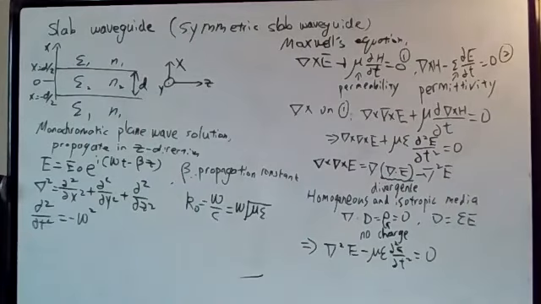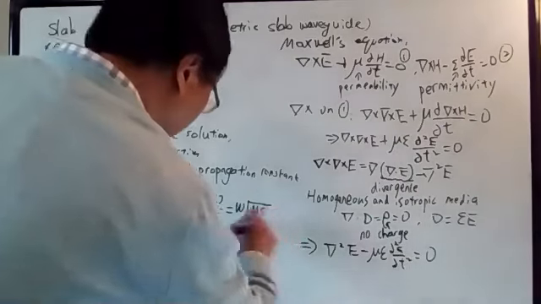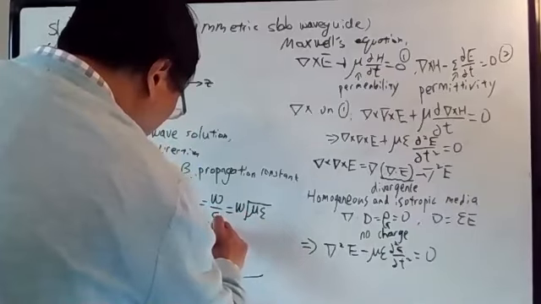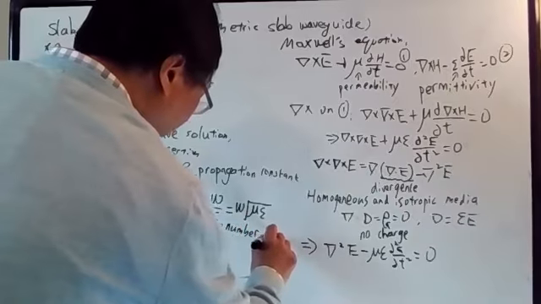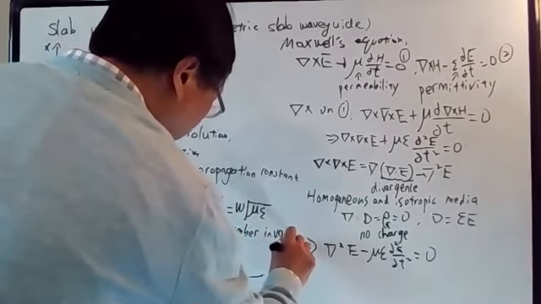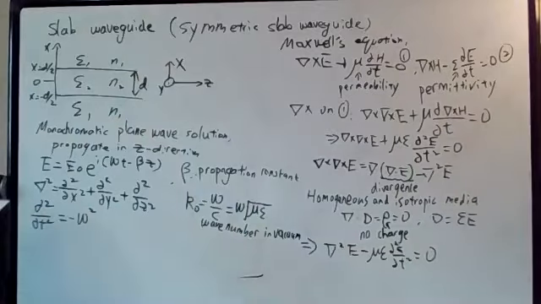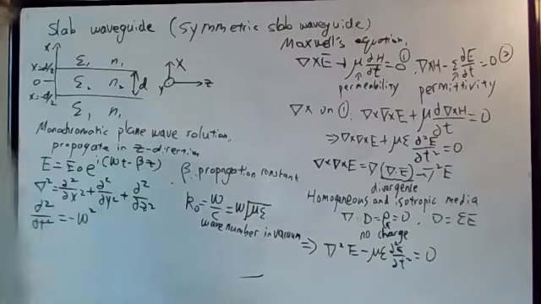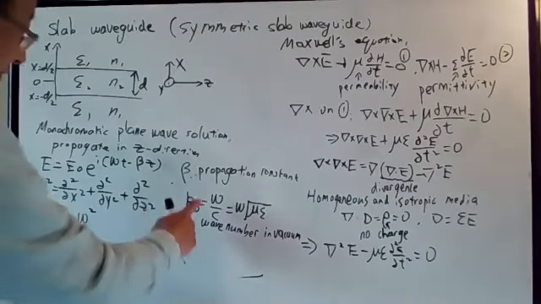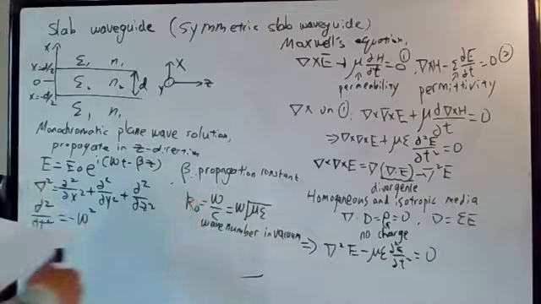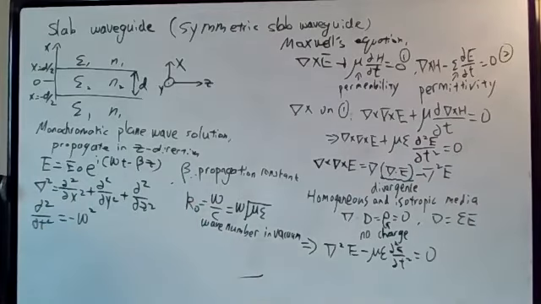So this is the wave number in vacuum. In the vacuum, it is omega over c.